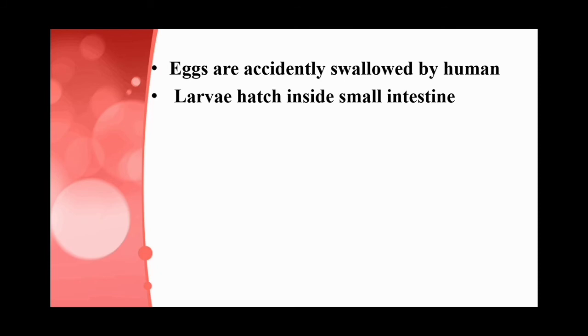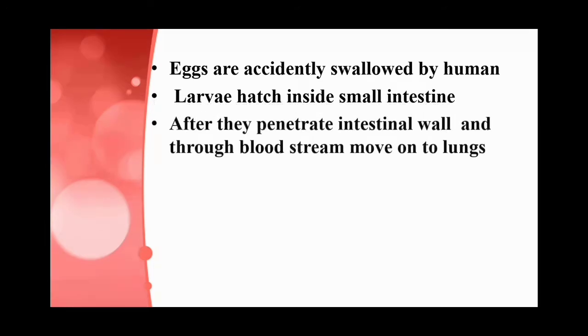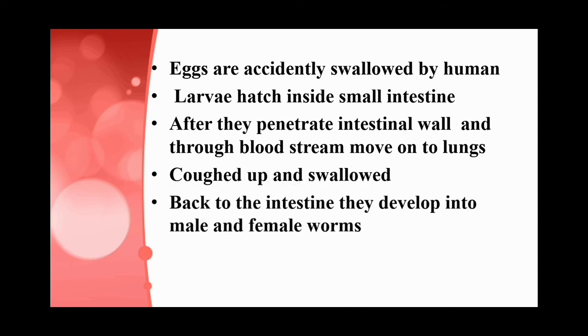Sometimes the larvae penetrate the intestinal wall and move through the bloodstream to the lungs. The person gets irritation, so coughing occurs. These larvae are coughed up and swallowed, and reach the small intestine. At the intestine, they mature and develop into male and female worms.